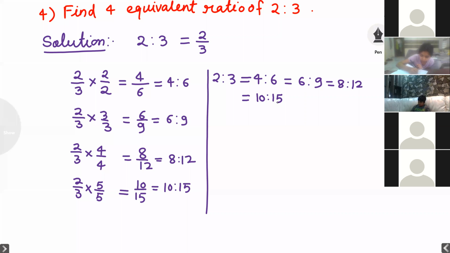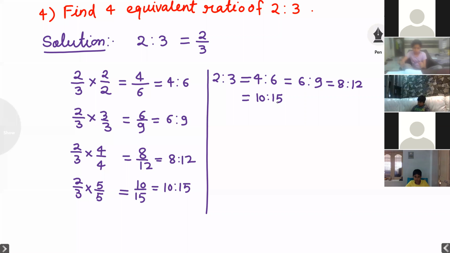This is our answer. 2 is to 3 is equal to 4 is to 6 is equal to 6 is to 9 is equal to 8 is to 12 is equal to 10 is to 15.